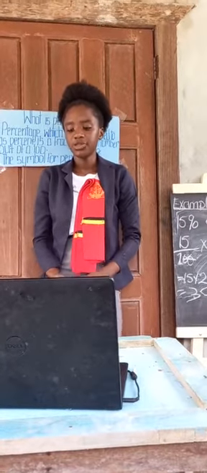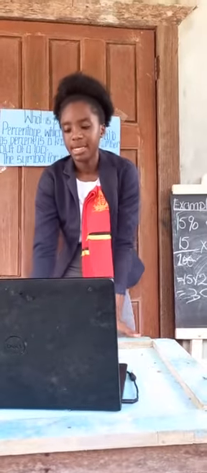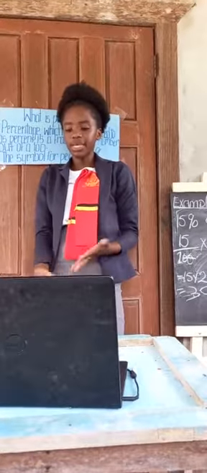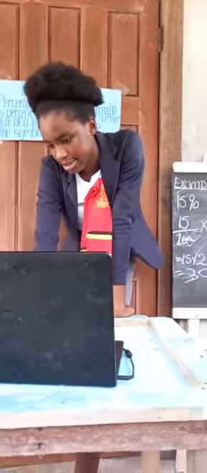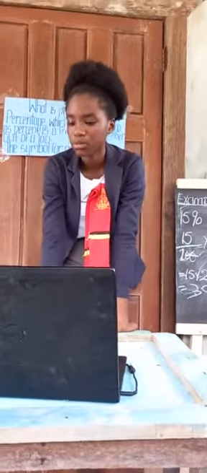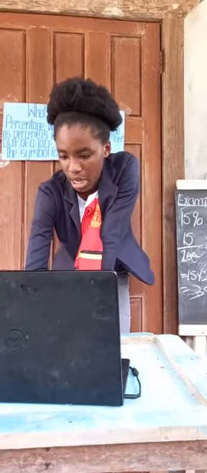Profit is the extra money gain after selling an item. Yes, it's more money that we gain after we sell something to someone, right? And what is loss? Yes, I know. Loss is the money that you lose after you have sold an item. Very well.